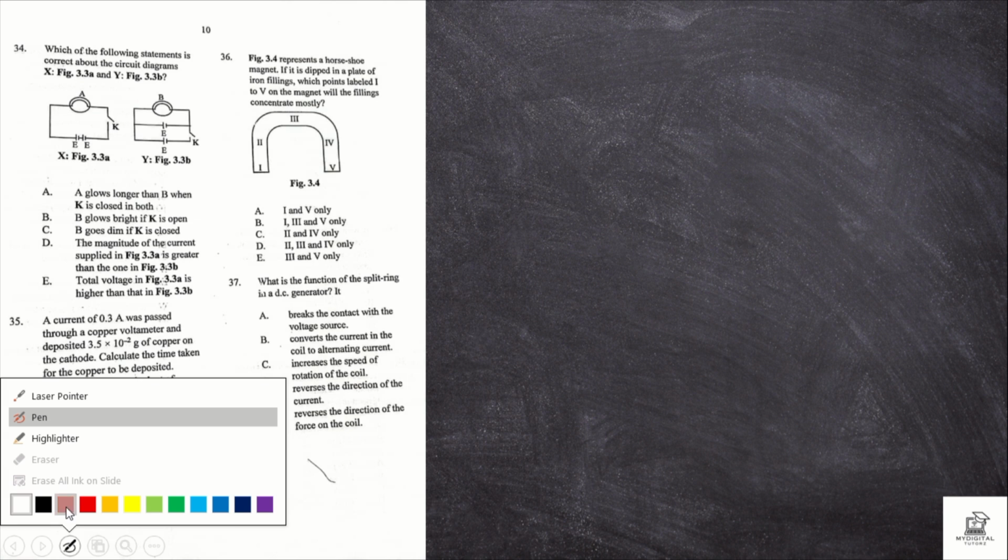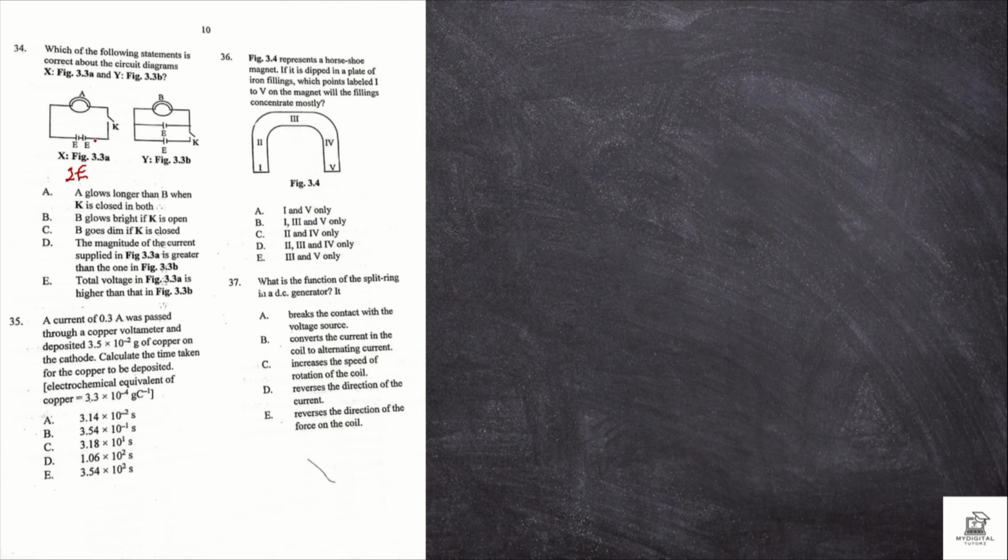If you observe the circuit diagram properly, you see that in circuit 3.3a we have two cells. The total EMF here is 2E, for instance. So if each cell is 1.5, then we have a total of 3 volt.